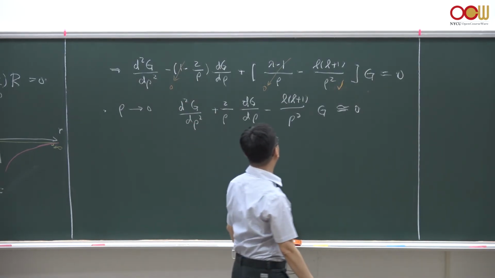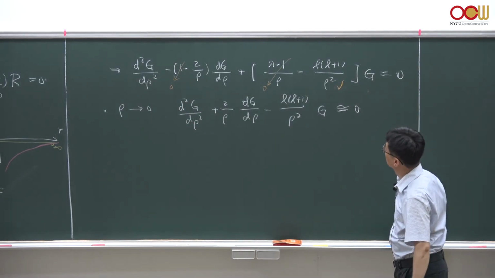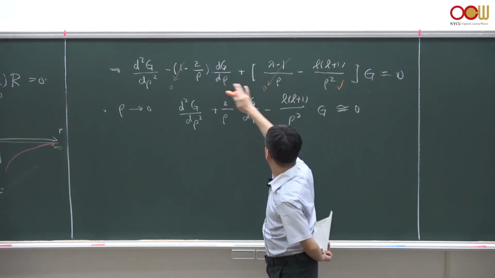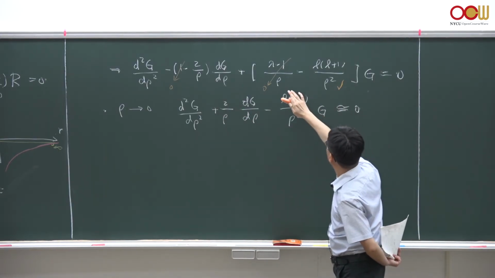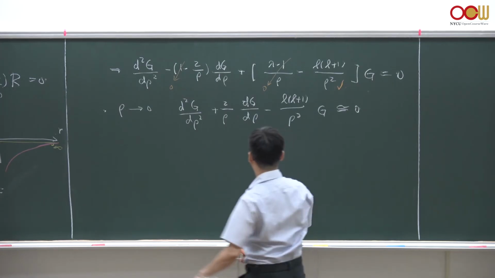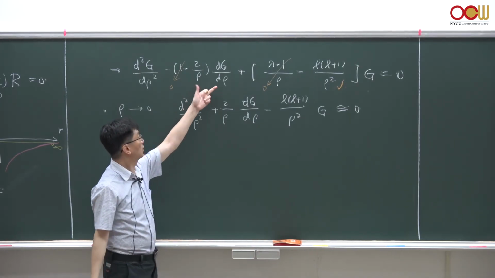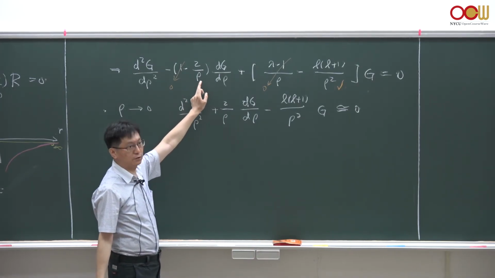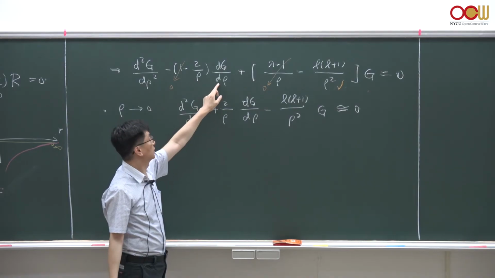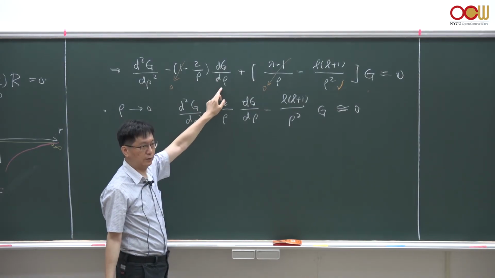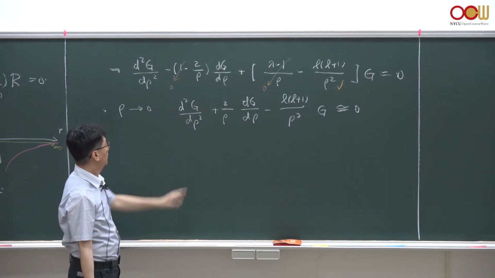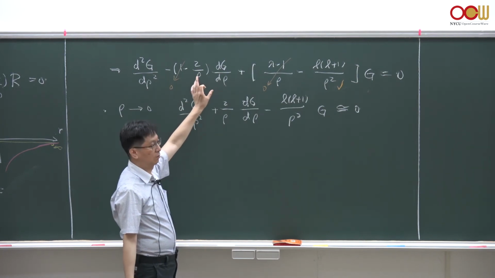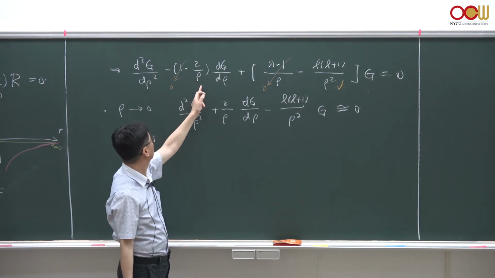You may wonder why we keep this term but neglect that one. It is because this term shows another rho dependence in the denominator, which is d by d rho. When rho goes to 0, this is on the order of 1 over rho squared, so we should keep this.